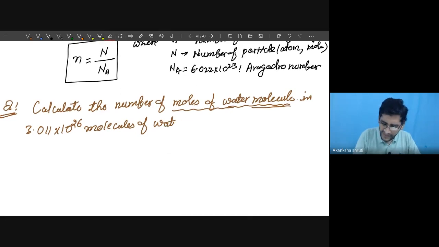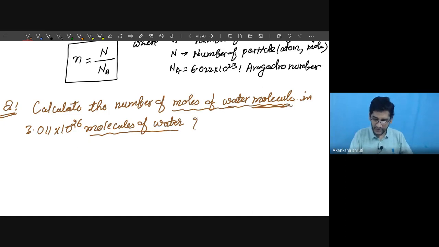Students, here we are given molecules of water, so the mole that we will get is also in terms of molecules. Okay students, the question is like this.